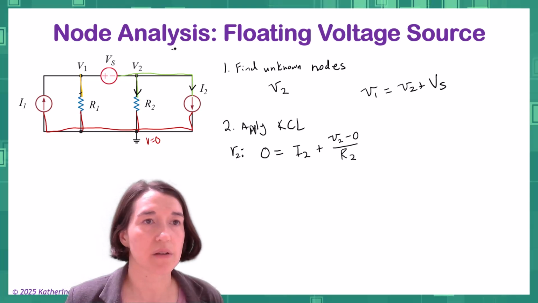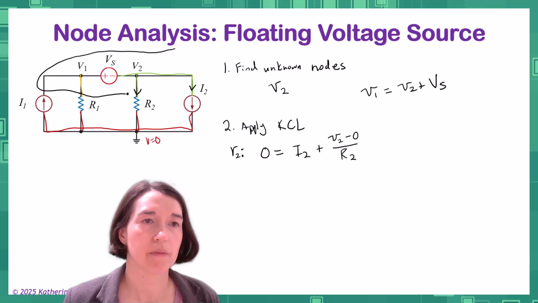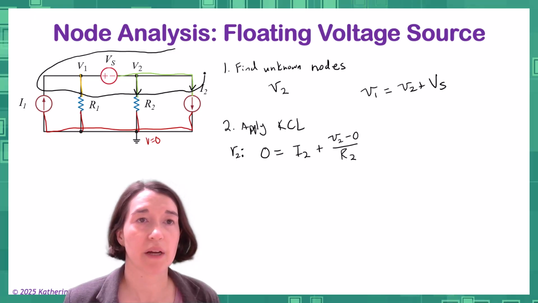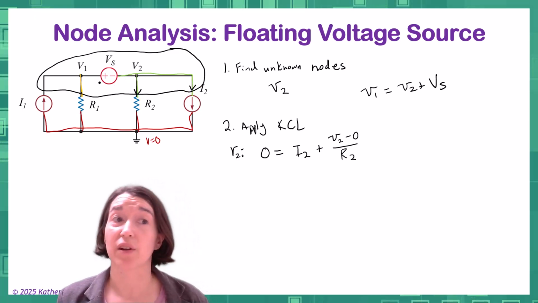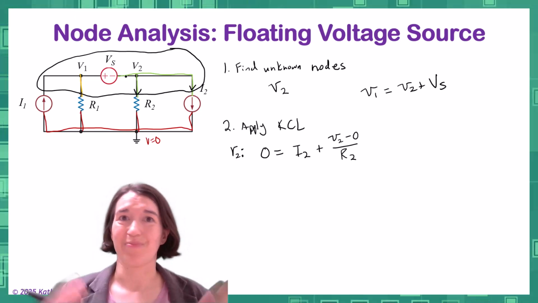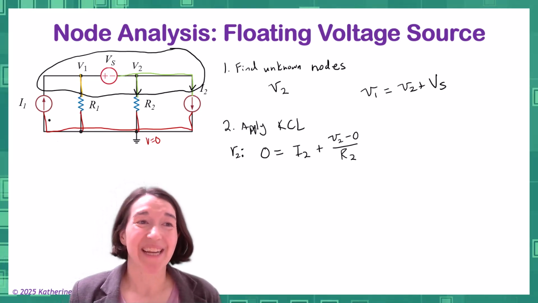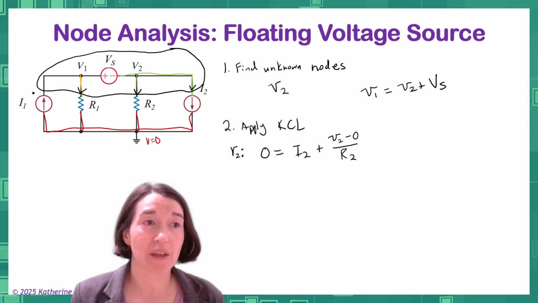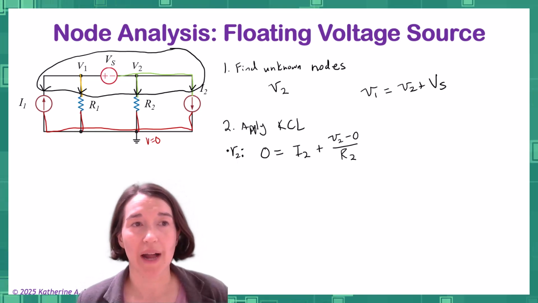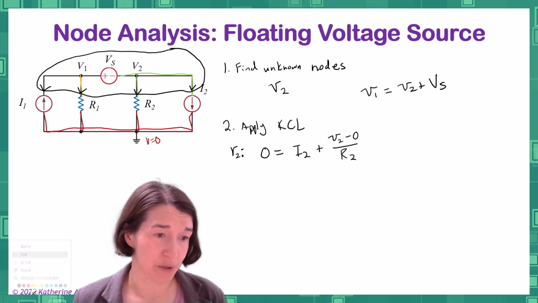I'm going to draw the node over the whole thing, because the current going in and out of the current source has to be conserved based on conservation of energy and Kirchhoff's current law. We can instead just do this whole thing here.